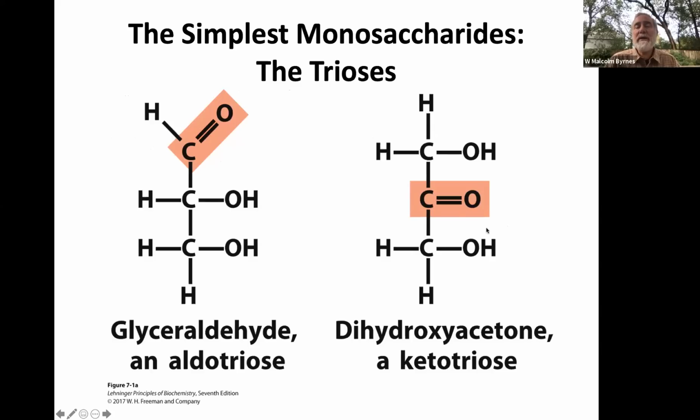And on the right, we have what's known as a ketotriose, dihydroxyacetone. You can see the ketone group. If there were no OH groups, that would just be acetone. But with the 2 hydroxyl groups, its name becomes dihydroxyacetone.